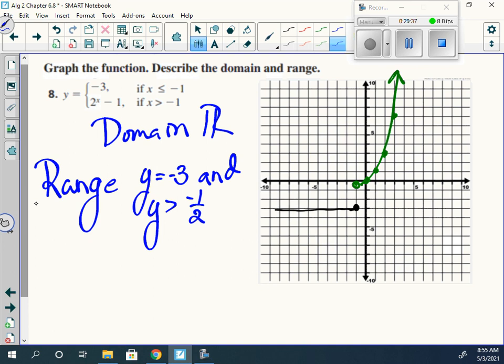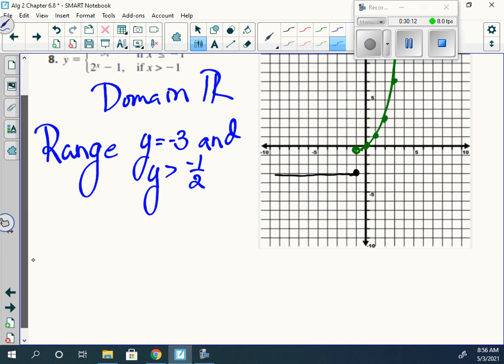But if we notice that there is a break in the y-axis, because the next value of y that shows up doesn't show up until a little bit greater than -1/2. Because we know at -1/2 is a value, but it's not included. And then we have all the values greater than it. So we have that gap between -3 and -1/2. So we have to show that there is a gap there. And we did it by doing this here, because y is equal to -3. It includes that 1 point on the y-axis and everything greater than -1/2.